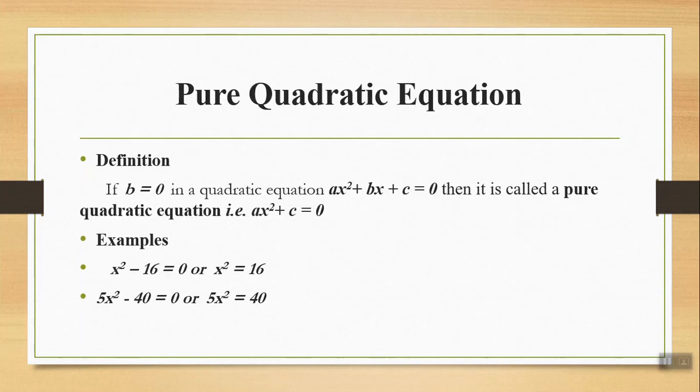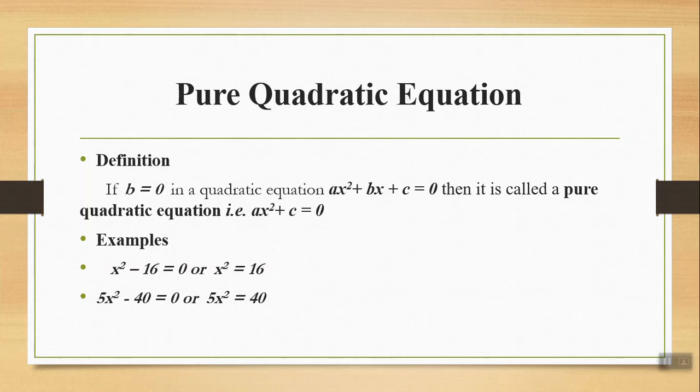Now we are going to discuss the pure quadratic equation, and it can be defined as: if b equals to 0 in a quadratic equation ax square plus bx plus c equals to 0, then it is called a pure quadratic equation. That is ax square plus c equals to 0. So what does it mean?